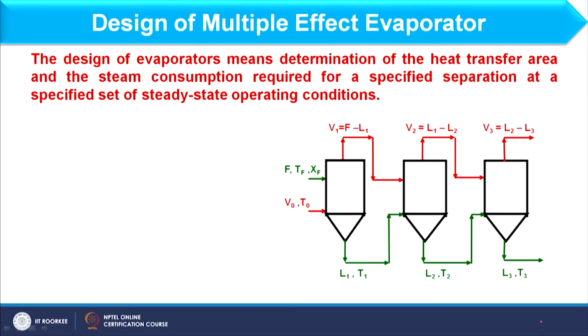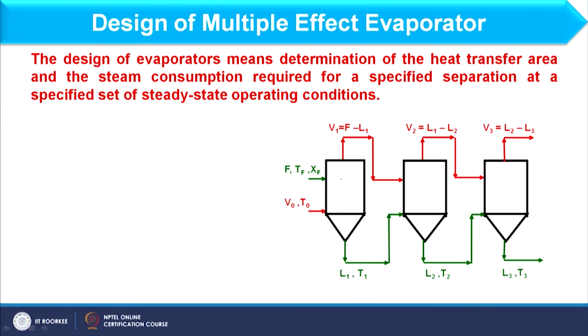Now, let us further discuss this image, because there are so many points about it to tell you. If I ask you, the first effect is available at T1, right. So, whatever liquid is exiting from this effect is available at T1. Whatever vapor is exiting from this should also be available at T1.